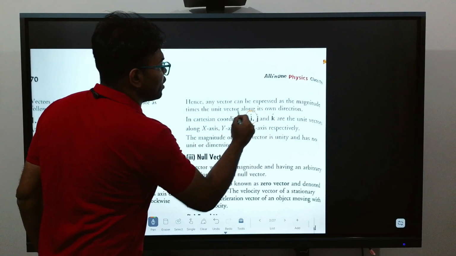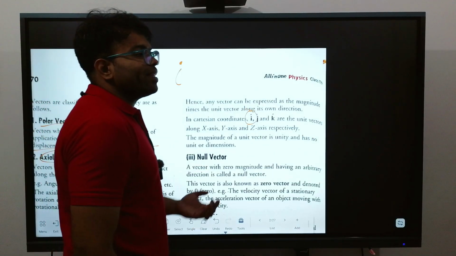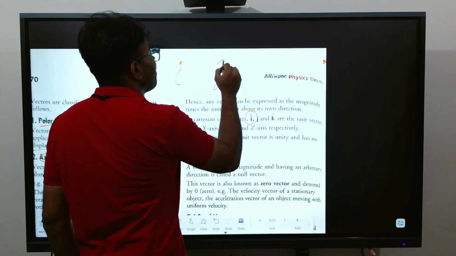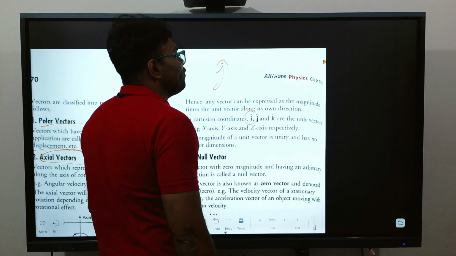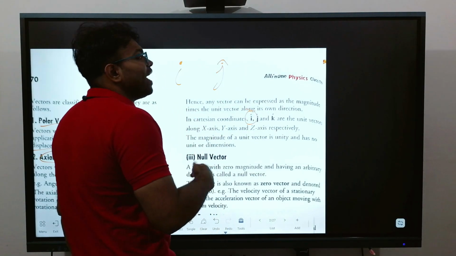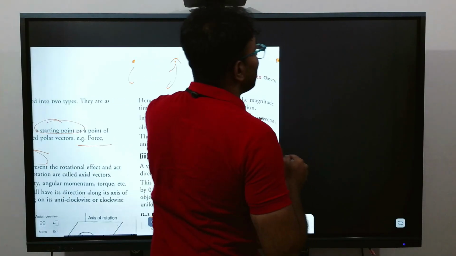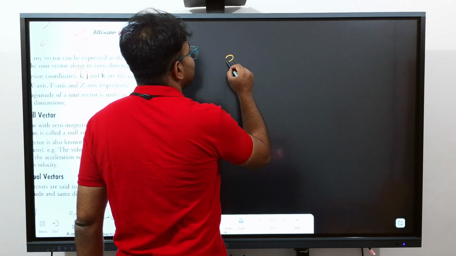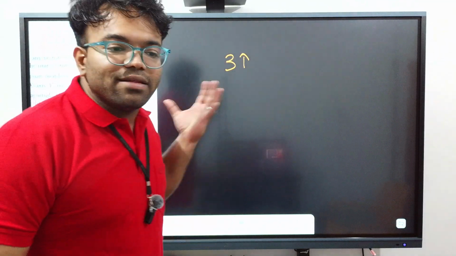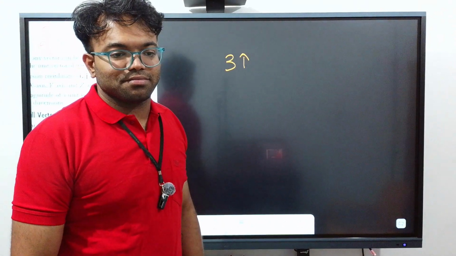The unit vector used for representing the y-axis is called j cap, and the unit vector responsible for showing the z-axis is called k cap. So if I say that I have a vector 3 i cap, you know what that means? There is a magnitude of 3 units in the x-axis.